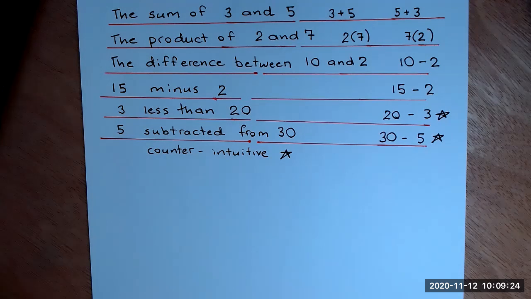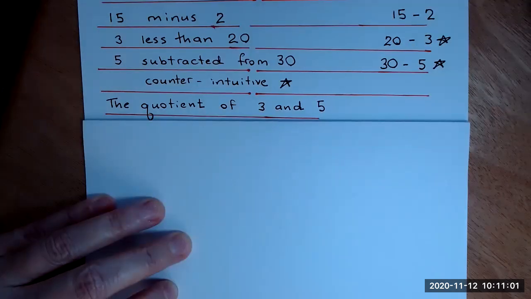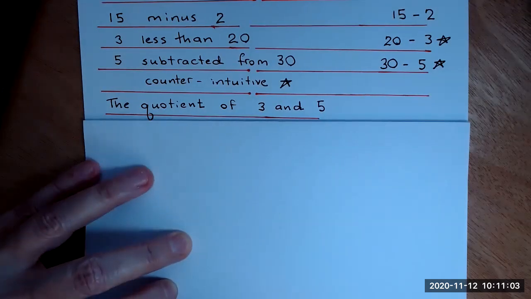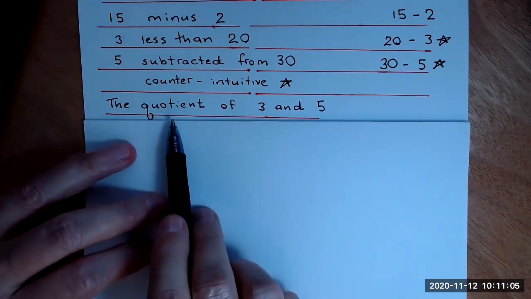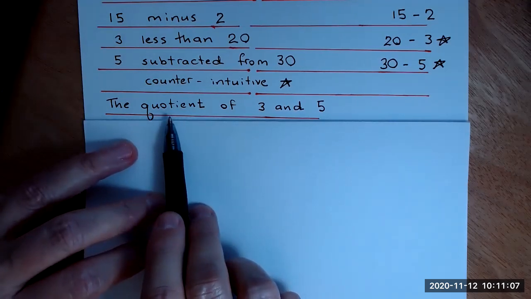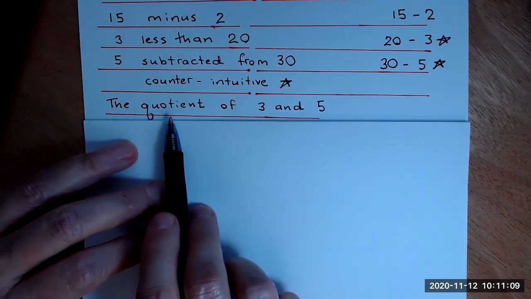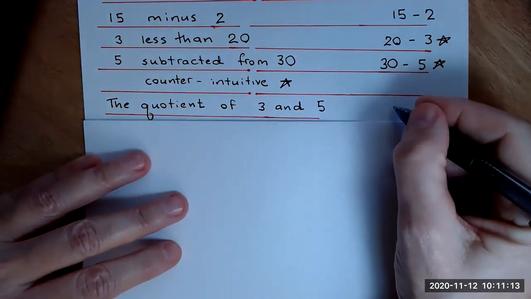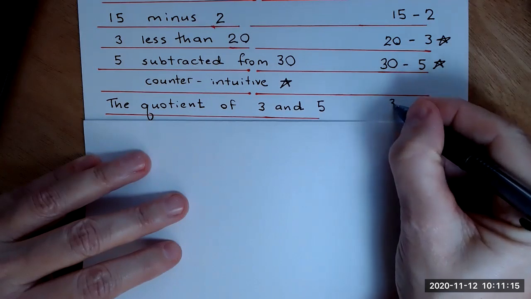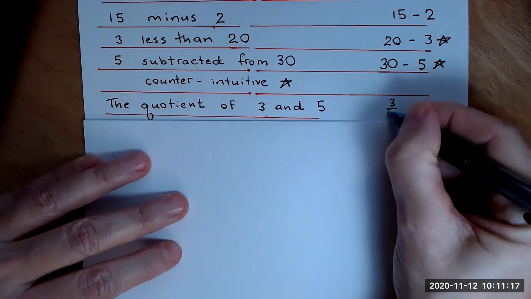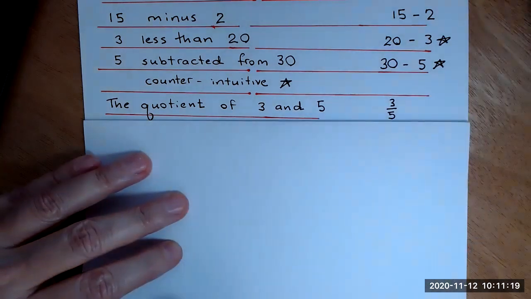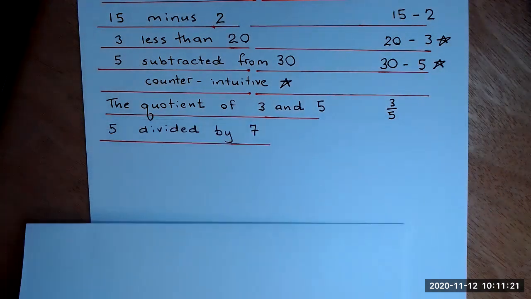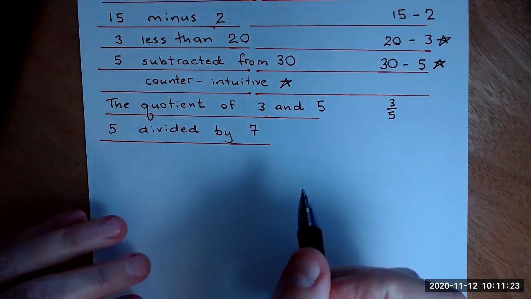Now let's do some more. All right, you'll recall that quotient is the result of a division. So the quotient of 3 and 5 is 3 divided by 5, or the fraction 3 over 5.